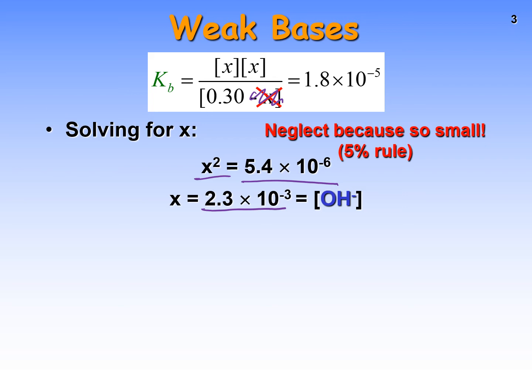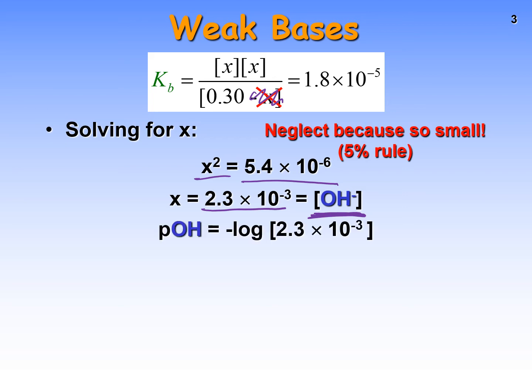Now, that's all great, but it's very important to recognize that this x value is not equal to H3O plus. It's equal to the OH minus concentration according to our ICE table. So if you take the negative log of this value, you have not calculated pH. You've calculated pOH. This is the major difference between weak base solutions versus weak acid solutions.